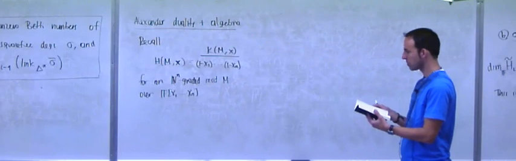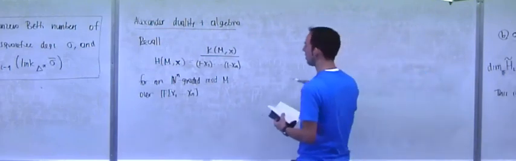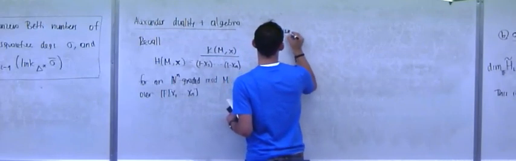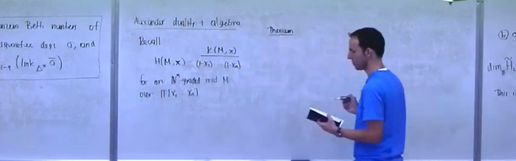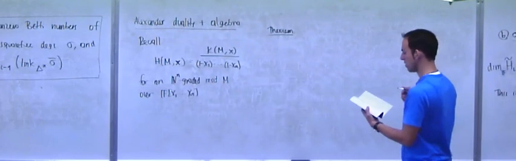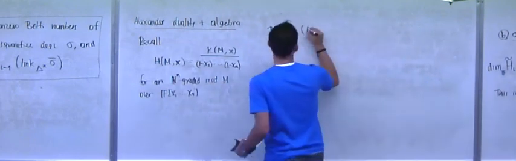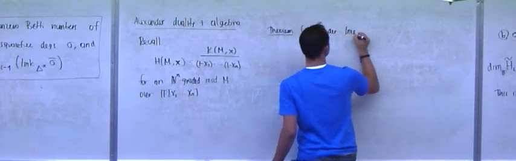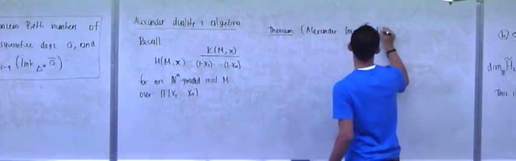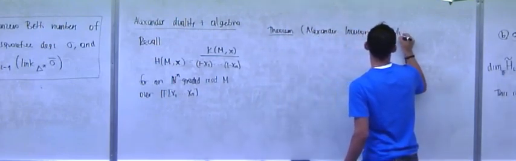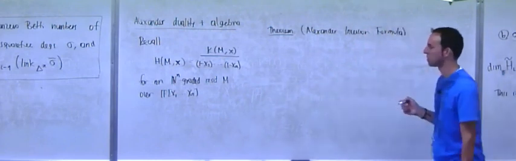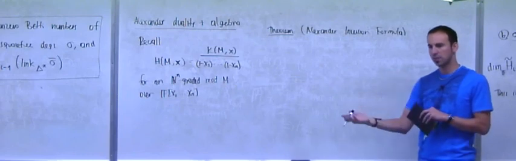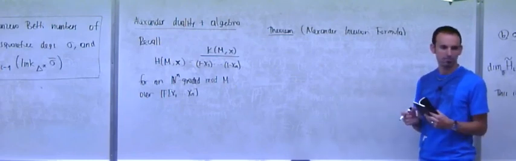So here's a nice theorem. It's called the Alexander inversion formula. The theorem says that it's kind of the same thing if you want to compute this for the Stanley-Reisner ring of delta or of the dual of delta.